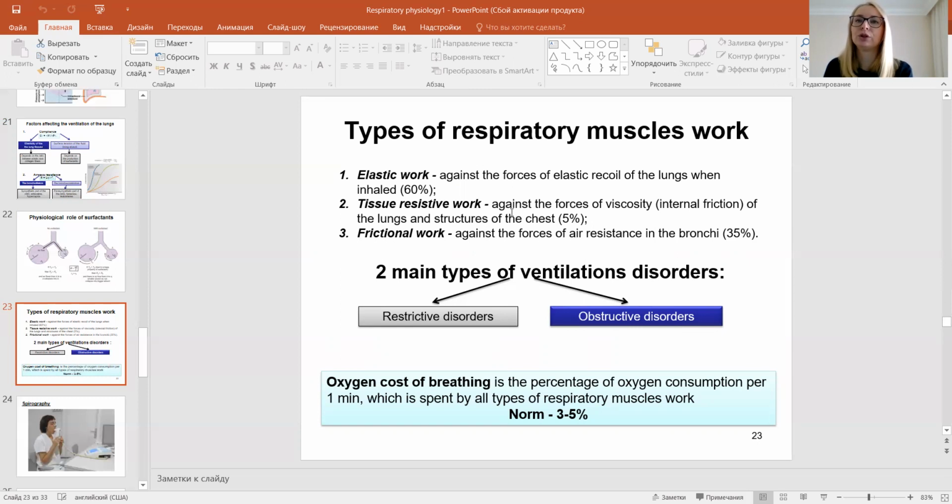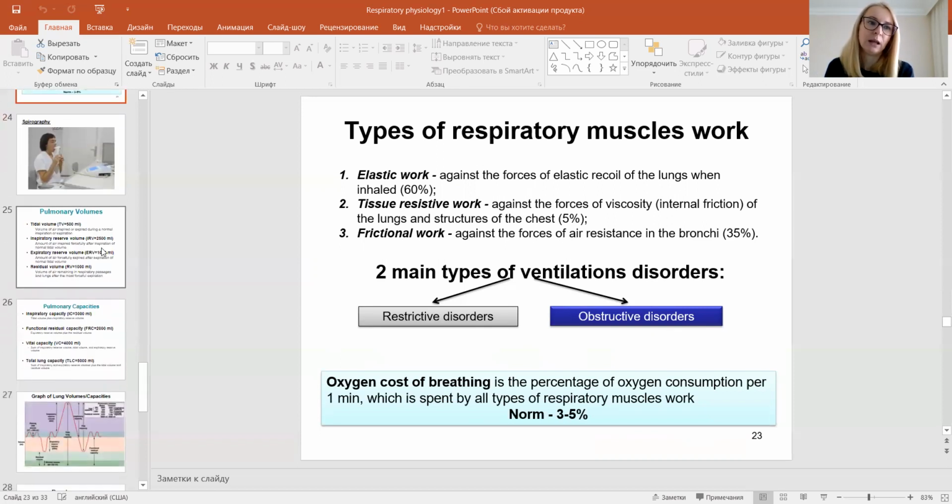That is why a person breathes deeply but relatively slowly, as far as such a ventilation regime is energy-cost profitable for him. Examples of obstructive disorders are bronchial asthma, emphysema, and chronic obstructive bronchitis.